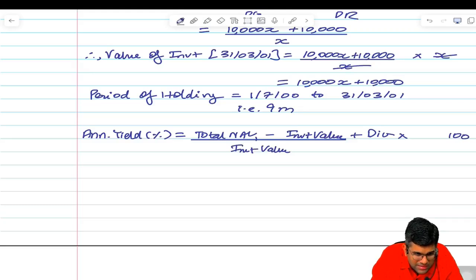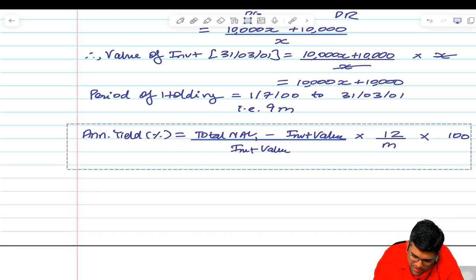But you are not going to be receiving dividends here, and since you will not receive dividends, the dividends must have been a part of total NAV. Everyone clear? Sir, why are you pushing that 100 so far away? Because I'll also be doing into 12 by M, considering that my period is less than a year.